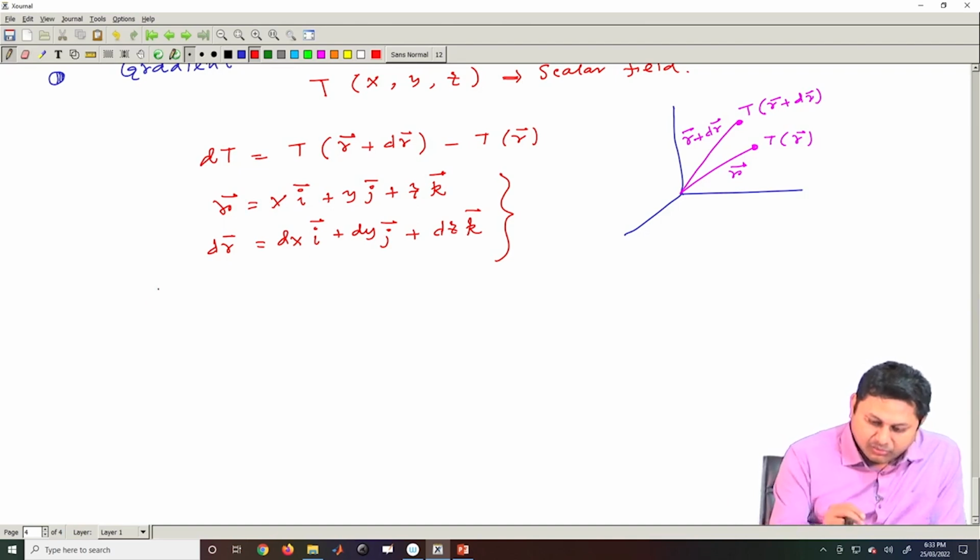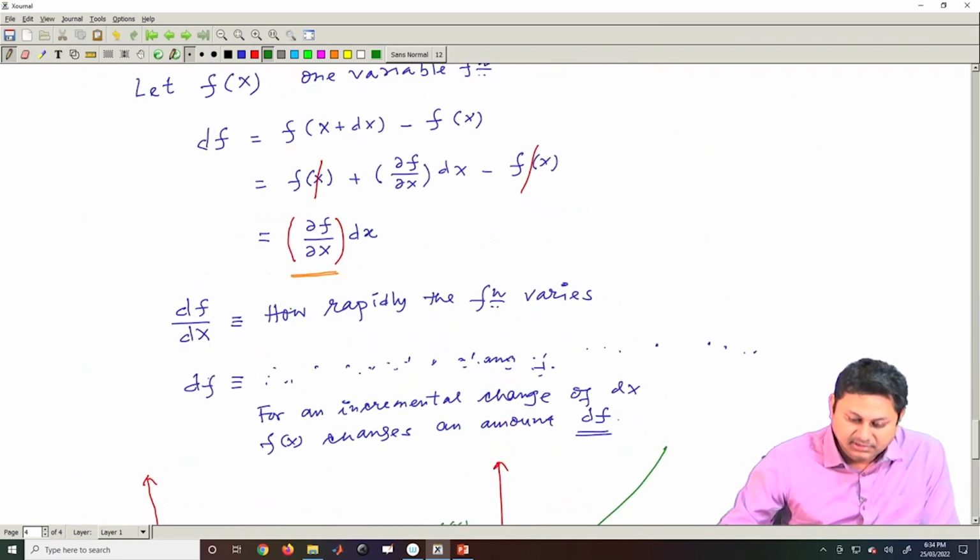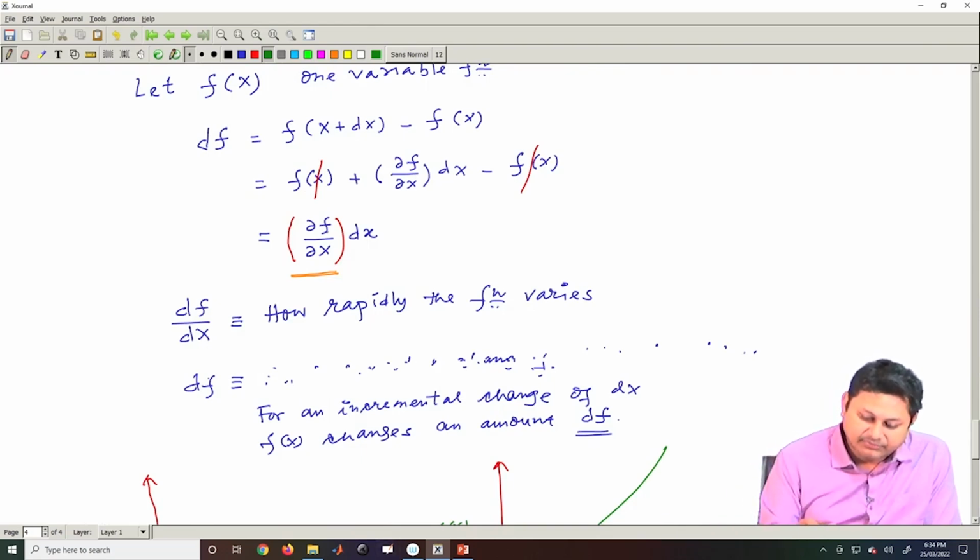Well, now if I expand this dT for this 3-dimensional case, how do we define it? In 1 dimension we know that I can define df as del f del x dx. Now, f is a function of x, y, z. So, what should be the value of df?